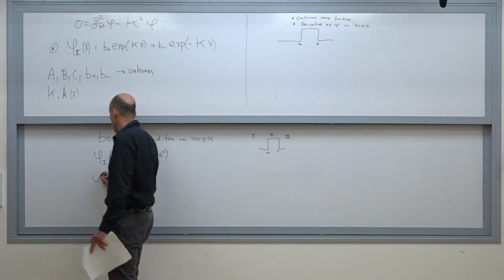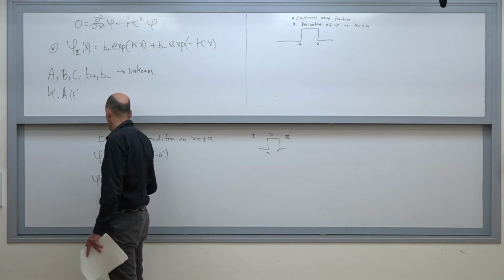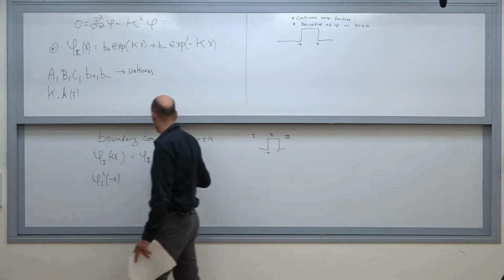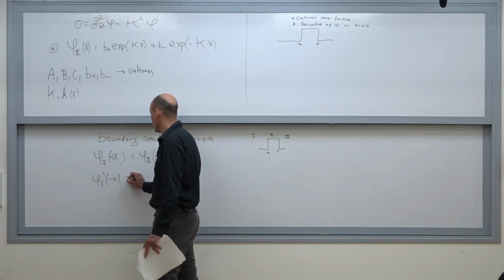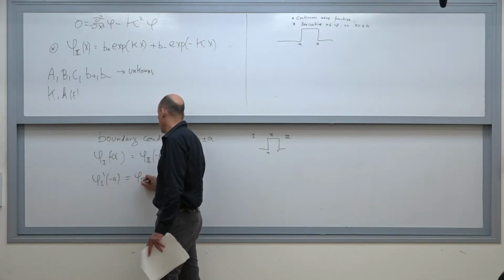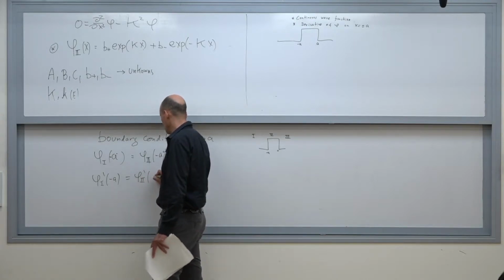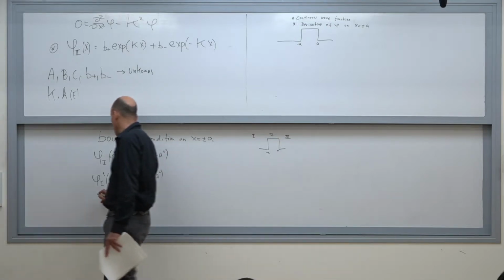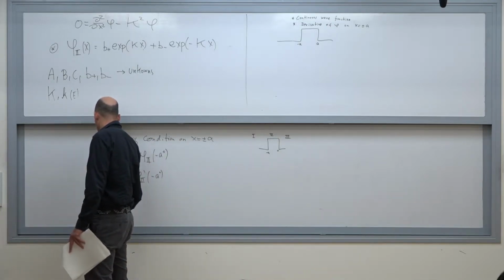Then you have phi 1 derivative at point a. I will not write this minus anymore, but this is what it means. The derivative, okay, here I will write it, and then I have phi 2 at point a.